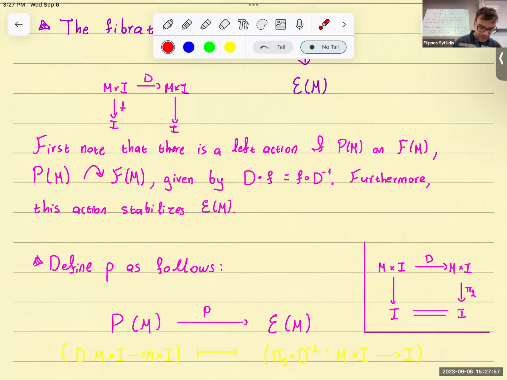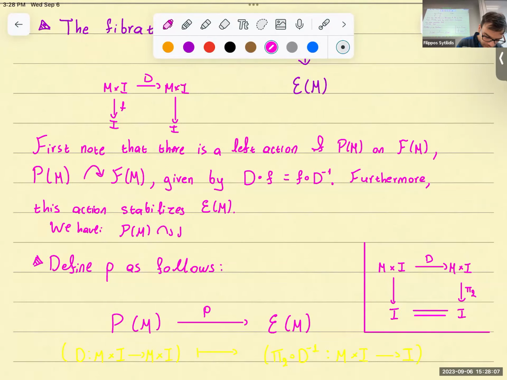Okay, so we have a left action. Is everyone relatively happy about this? Okay.